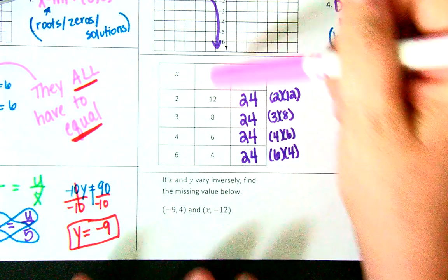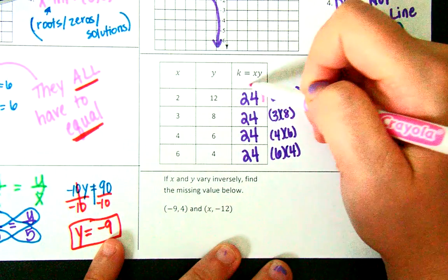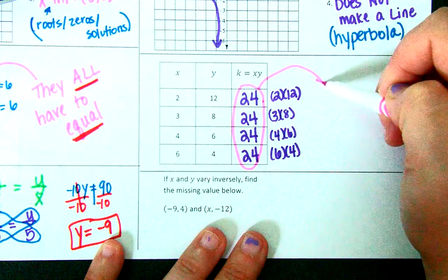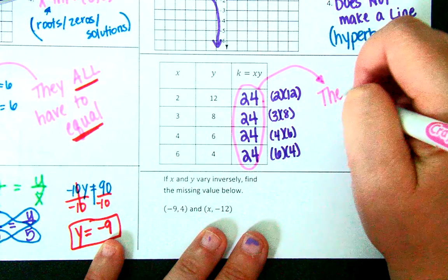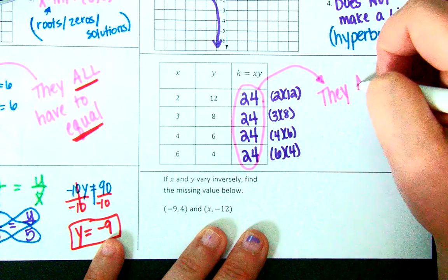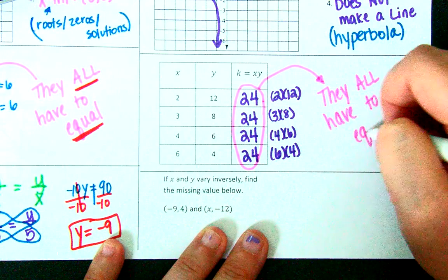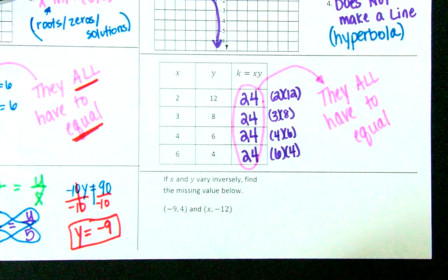Again, when you multiply x times y, if they all equal, then it is inverse. Okay? They all have to equal when you multiply.